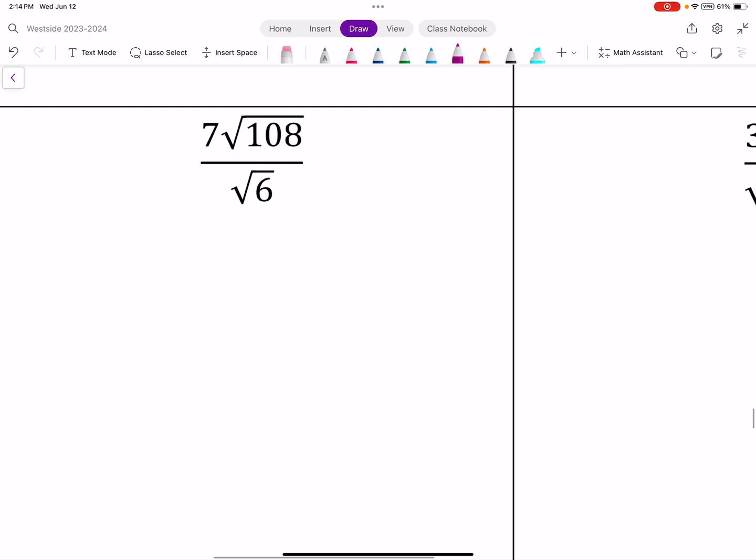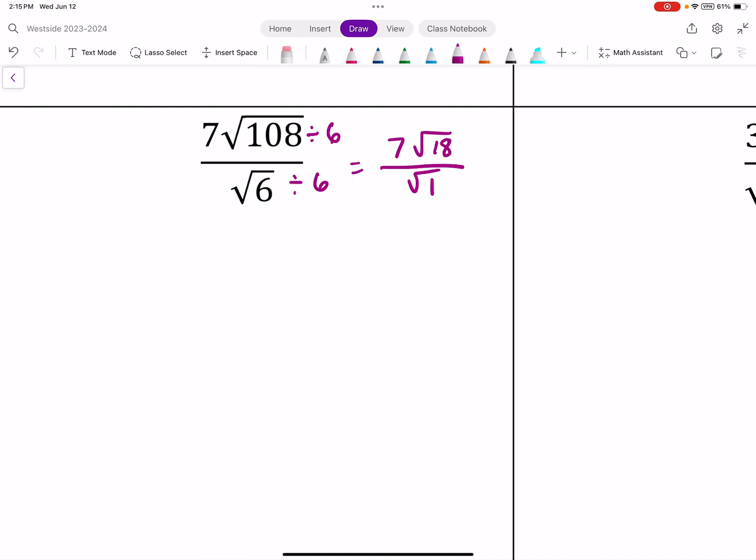All right, looking at the next one, we're going to simplify those radicals. So when we are dividing to simplify, you can only divide under the radical with under the radical. So I'm going to divide these by 6, and I'm just going to ignore that 7 out in front. That does not get divided. And so that's just going to come over. If I take 108 divided by 6, I get 18. And if I take 6 divided by 6, I get 1.